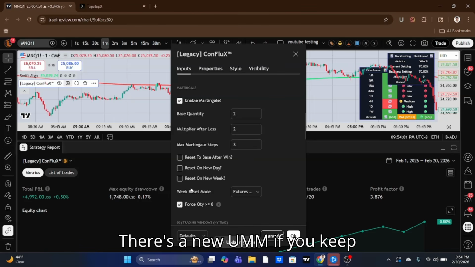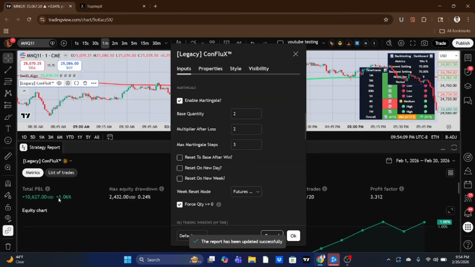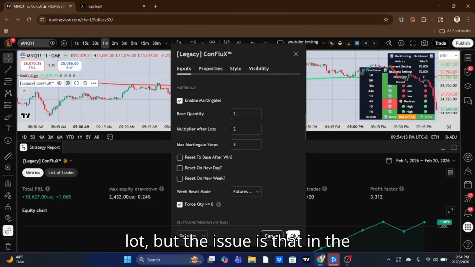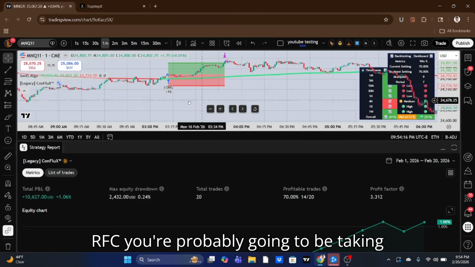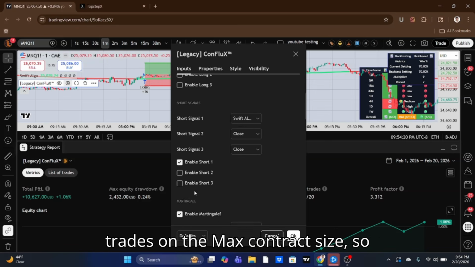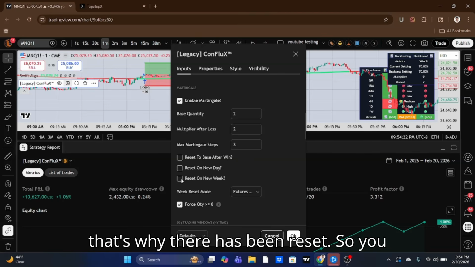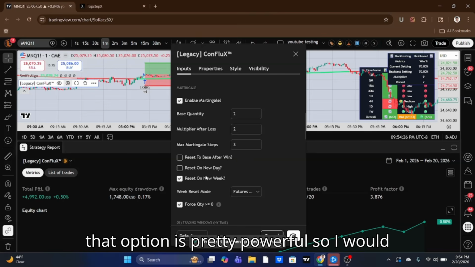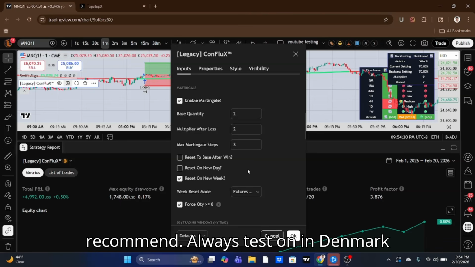If you keep this unchecked, for example, it does actually increase your P&L by a lot. But the issue is that obviously you're probably going to be taking trades on the max contract size. So that's why there has to be a reset. So you can play with it, experiment with it. That option is pretty powerful, so I would recommend always testing it on a demo account first.